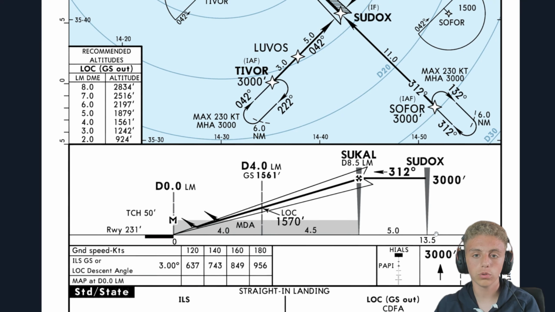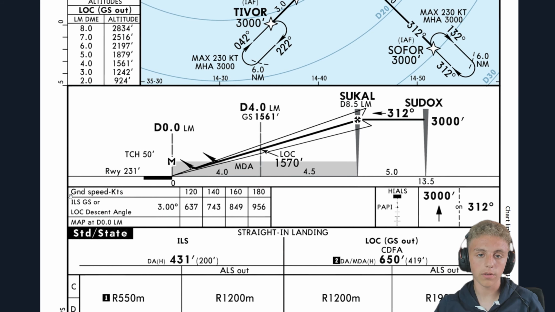So you start off at Sudox at 13.5 nautical miles away from the runway, at 3,000 feet on heading 312 degrees. You will start your descent onto the glide slope at Sukal, 8.5 nautical miles from the runway threshold. You'll continue descending. At 4 nautical miles, you should be at 1,561. Now these are all based off of sea level, not based off of QFE. And then you will continue descending, etc.